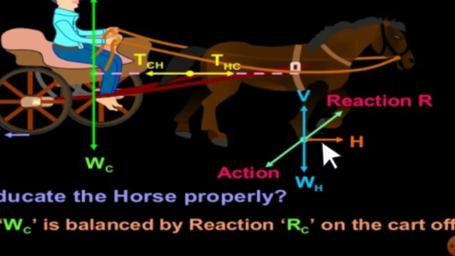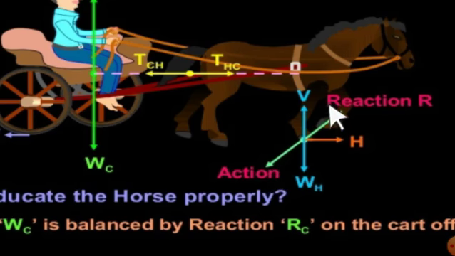But in this case, if this horse tries to pull in the slanting position like this, if this horse tries to pull forward, then the leg of the horse must be giving action in this direction.